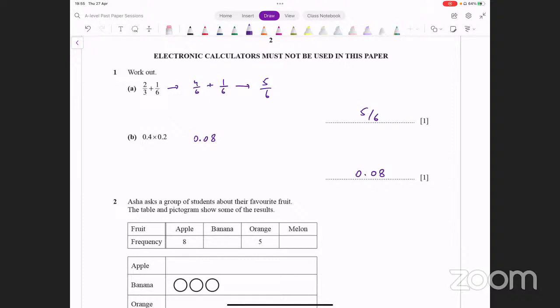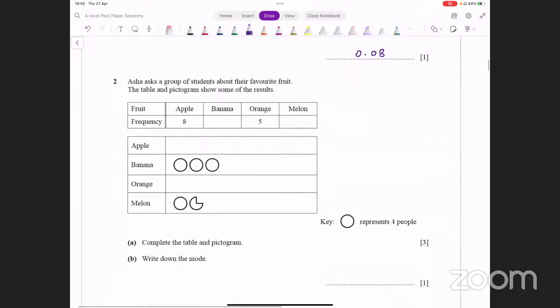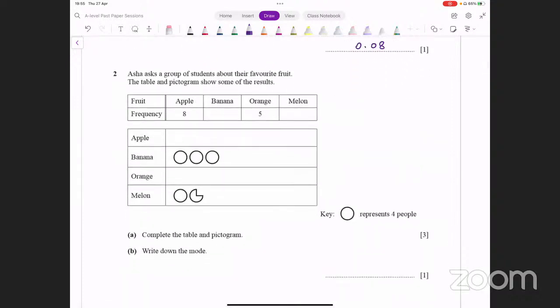Let's look at the second question. Okay, so Asha asks a group of students about their favorite food. The table and pictogram show some of the results that she has. अब यहाँ पे देखें आपके पास fruit names रखे हुए, and then you have their frequency.